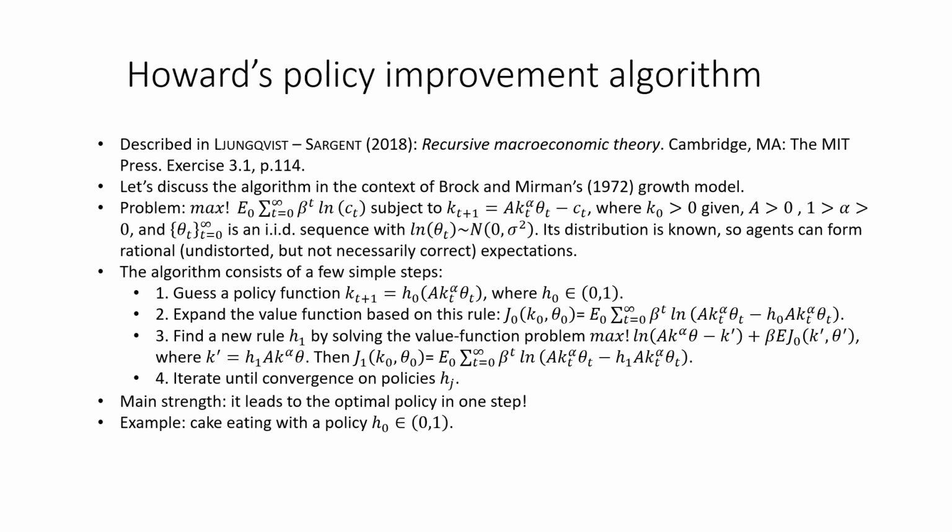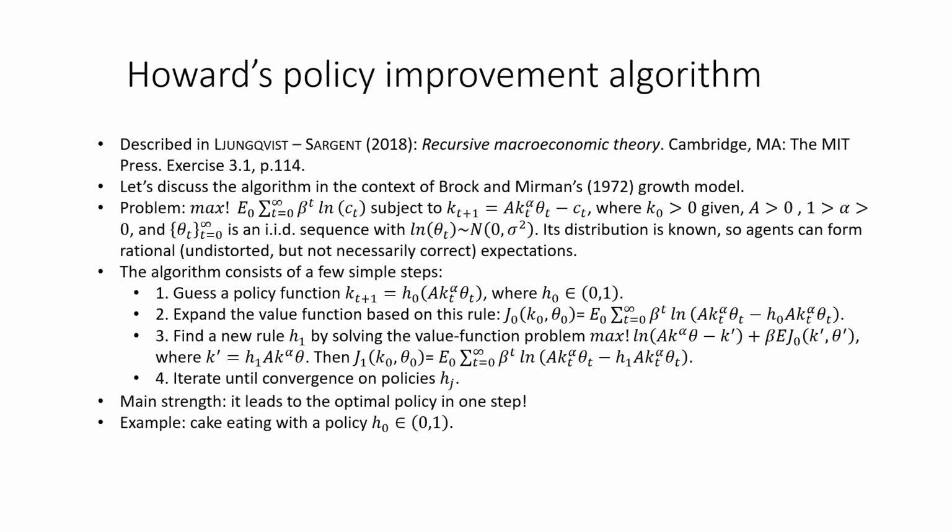Step 3, find the new rule H1 by solving the value function problem. It is the related value function problem, in which this is a simple Bellman equation in which we try to find the optimum capital stock for next period on the basis of the value function from the previous step.